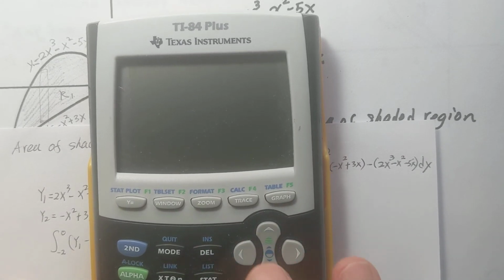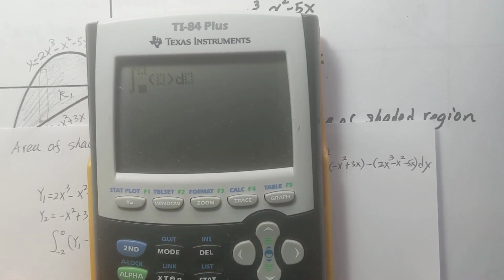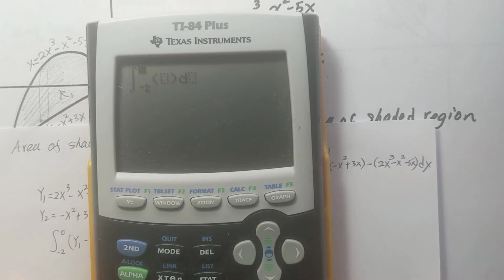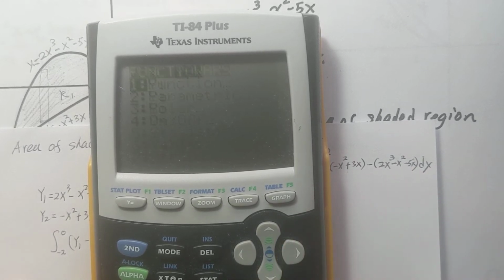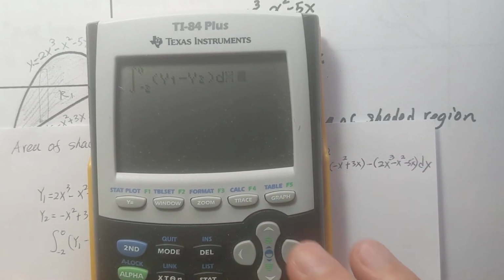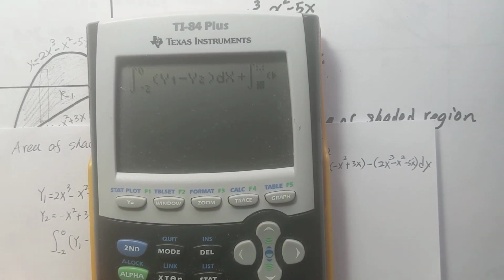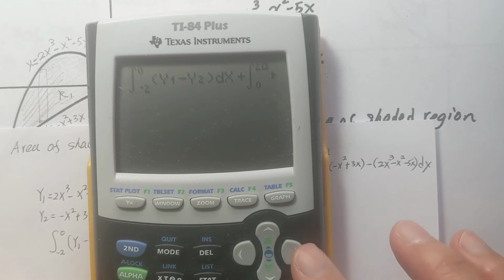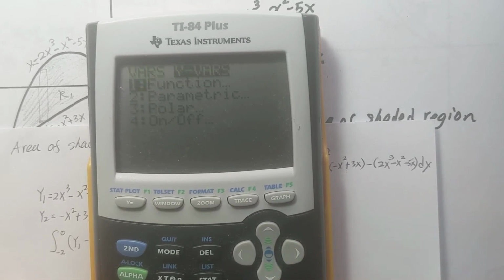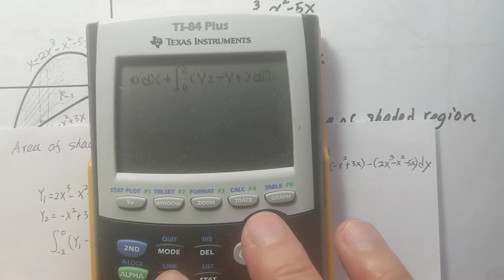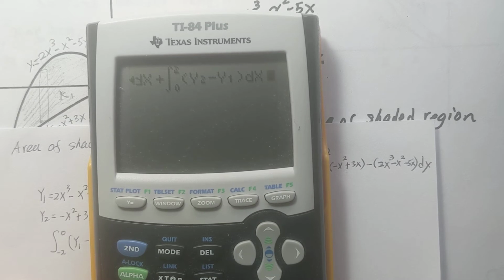So we're going to have math 9. The first one is -2 to 0. I'm going to do y1 minus y2 and dx. And then plus math 9, we have 0 to 2, and then you're going to do y2 minus y1, then dx, and then press enter.